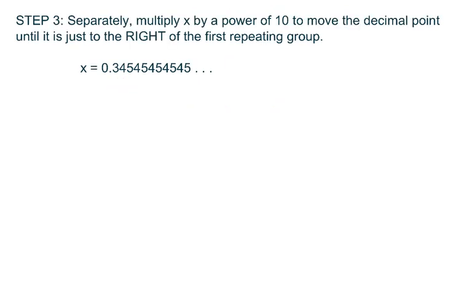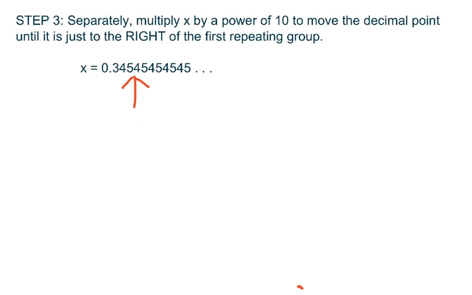Now step 3 is a lot like step 2, except we're going to multiply x by a power of 10 to move the decimal point until it is just to the right of the first repeating decimal group. So I would like to move the decimal point until it is after the first 4-5. In other words, I've got to slide that decimal point 3 places to the right.